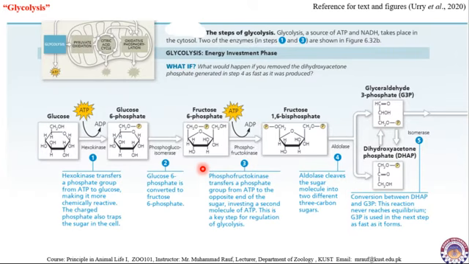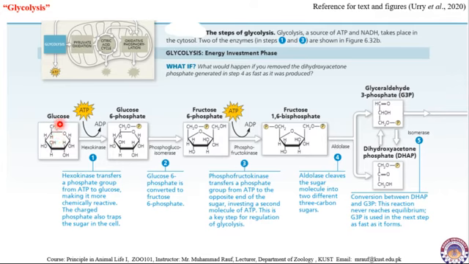So here you can see a graphical representation of the first 5 steps of glycolysis, where in the very first stage the glucose molecule, which is a 6-carbon molecule, enters into the cell through the GLUT transporter or glucose transporter.